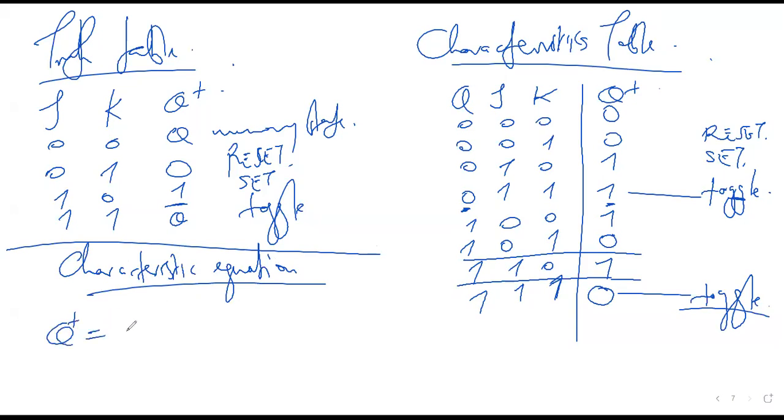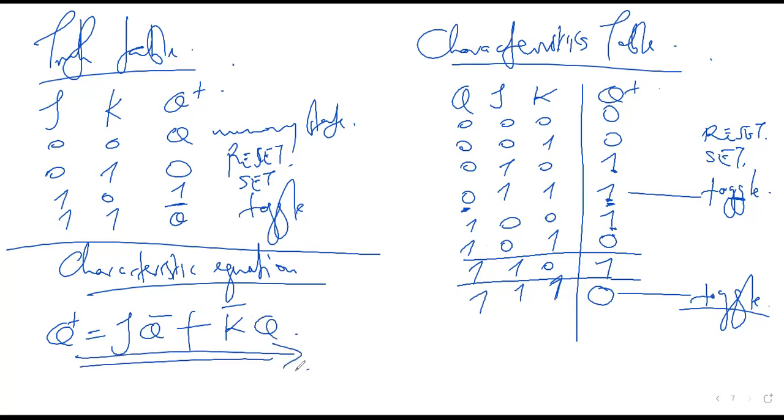If I use the K-map, with 8 variables here, for each variable you have the outputs 1, and you use sum of products, believe me, you find Q plus being equal to J Q bar plus this. I'm not going to take you through the K-map. We all know what the K-map is. If you minimize what the output Q plus is, you will get this using the K-map. I've introduced the characteristic equation.